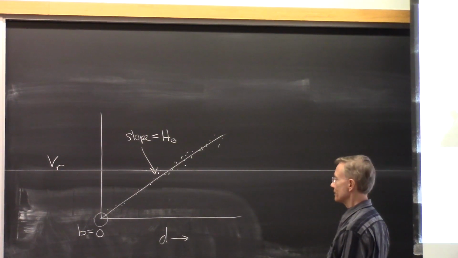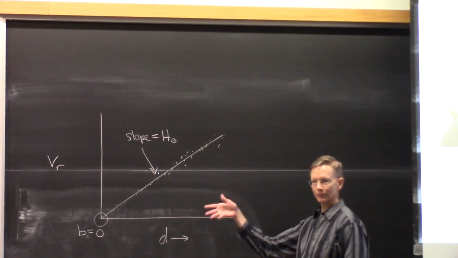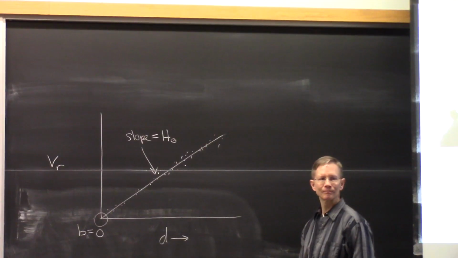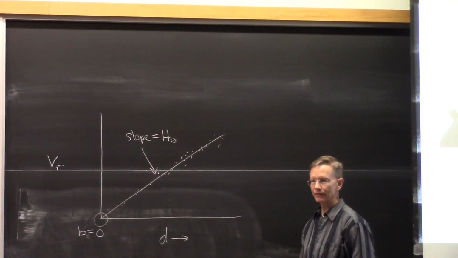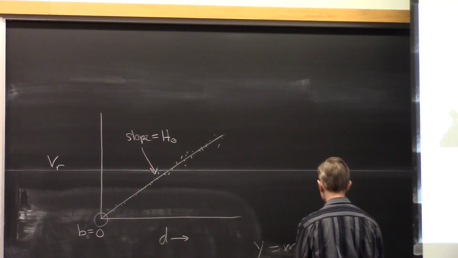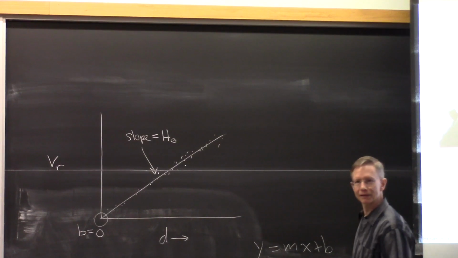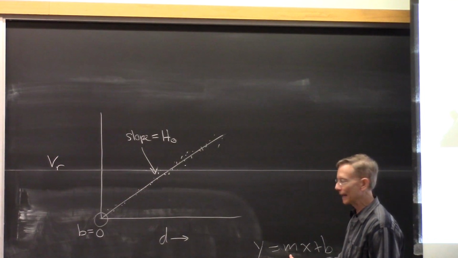So there's a linear relationship. What linear relationship is this representing? It says what equals what times what. Yeah, so y equals mx plus b, where b is the intercept and m is the slope, right?